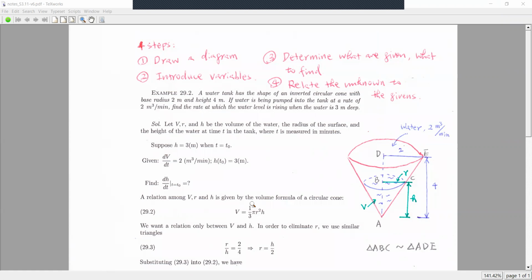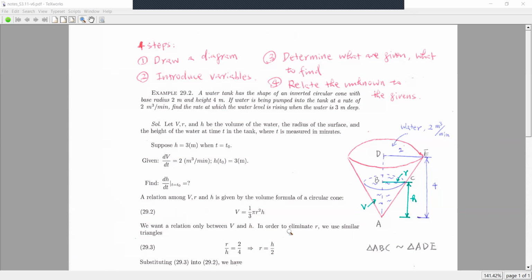This equation is the volume formula of a circular cone. But this equation is a relation about V, R, and H. We want a relation only between V and H, so we want to eliminate R from this equation.